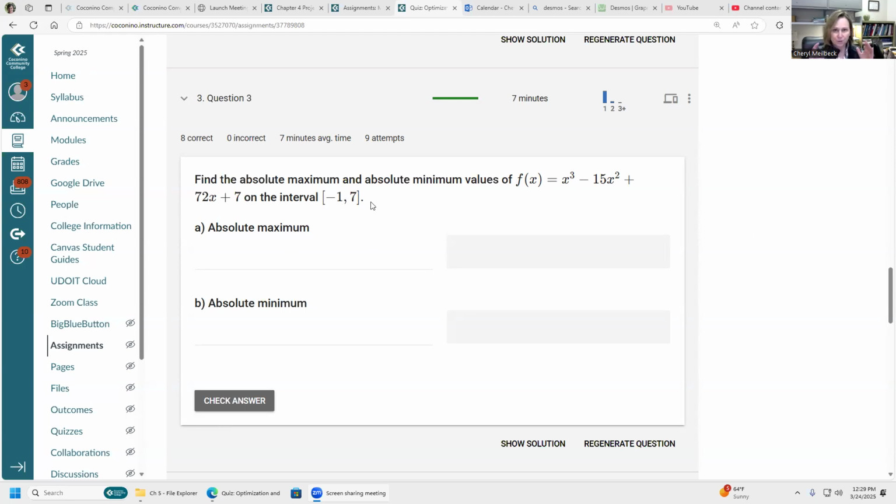So they're limiting our interval, which means that the maximum value could occur at the endpoint of the interval. So what we need to do is take the derivative, find the critical points, and then test the critical points and the endpoints to see if they provide us with an absolute maximum or an absolute minimum.